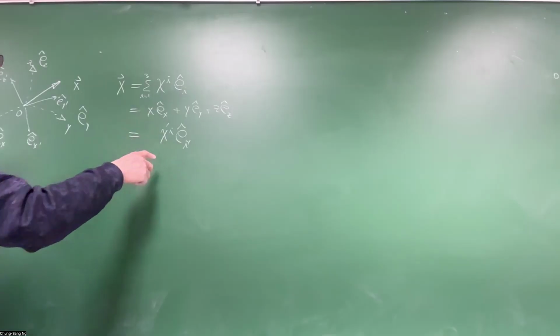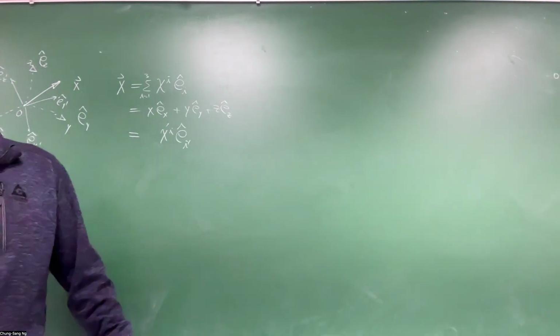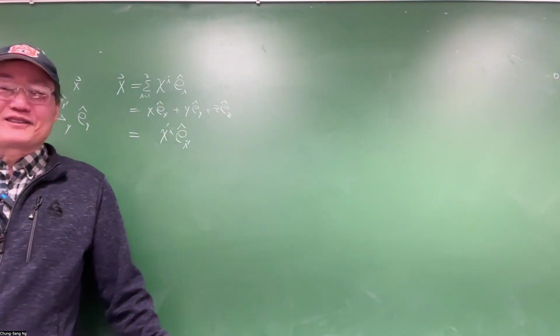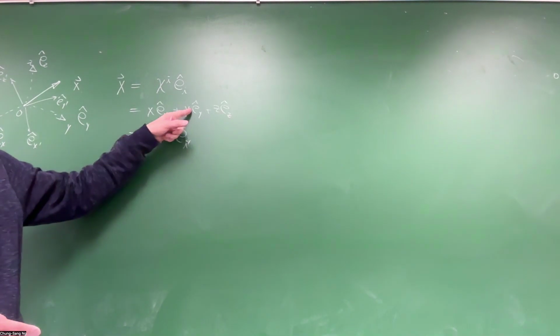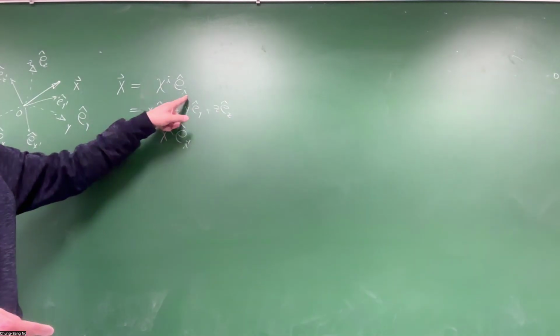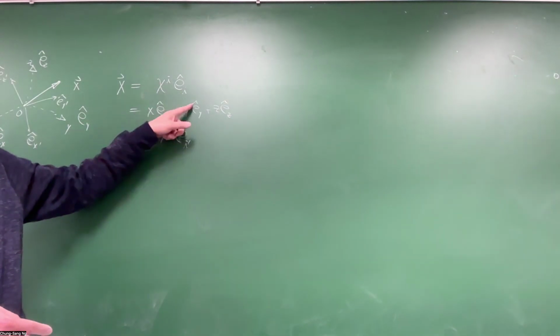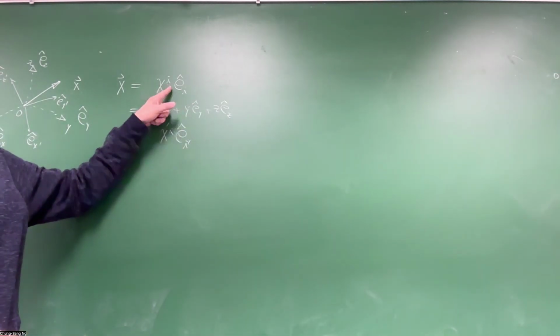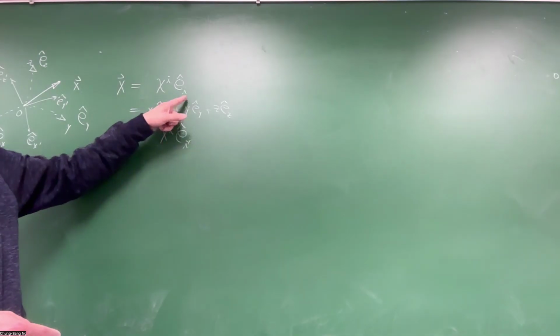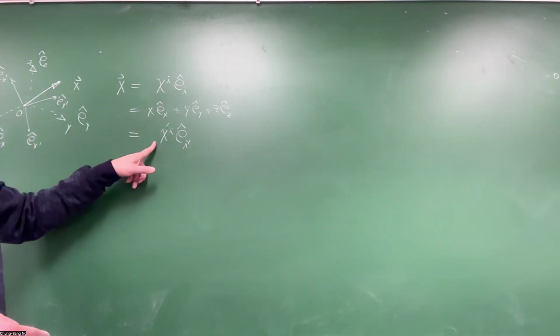And one of Einstein's great contributions is to get rid of all the summation. Whenever you see a repeated index, in our case, one is subscript, one is superscript, then you sum over there. You have a superscript and subscript, that means you sum over whatever your number of dimensions. In this case, 3 dimensions, you just sum over 1, 2, 3. And now you just write this equal.